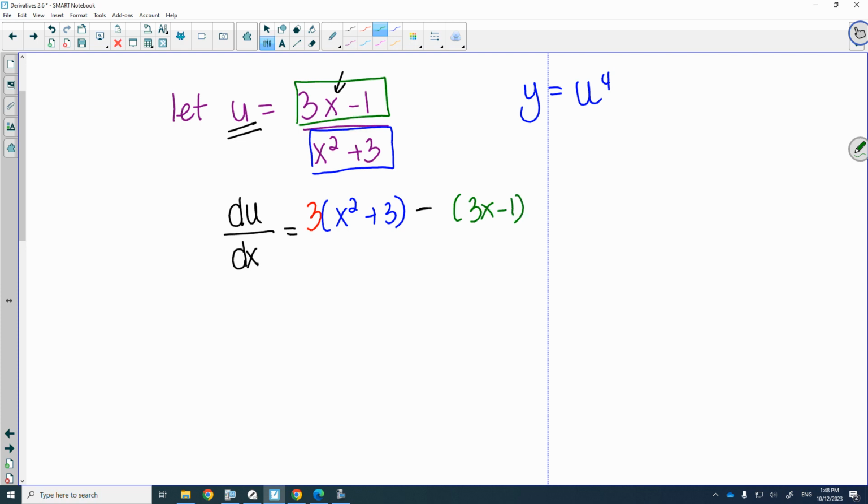What's the derivative of my lower function? Again, I'm just going to put it in front. So what I have is low d high minus high d low. Draw the line and square below.